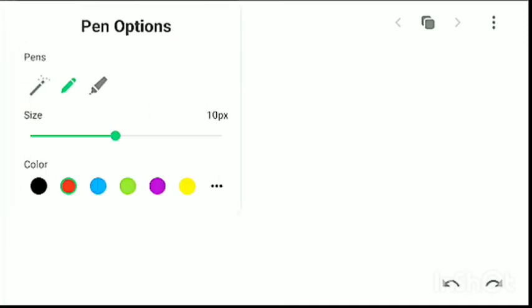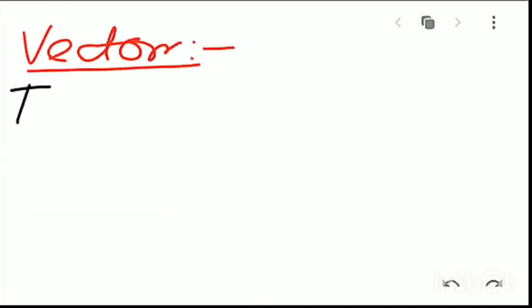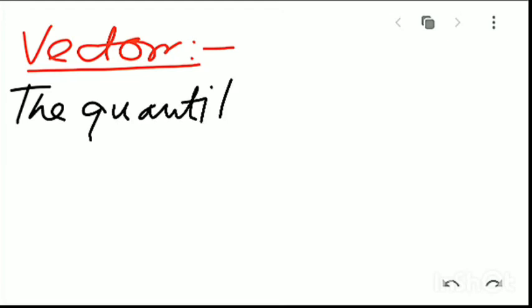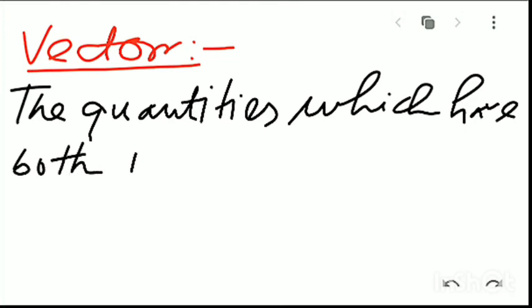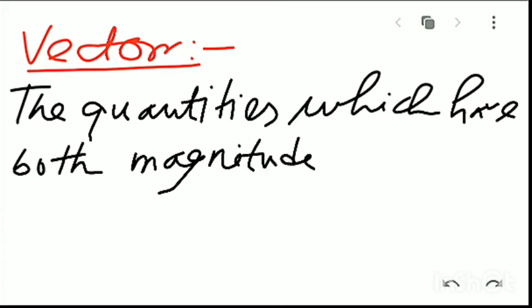Next is a vector quantity. Which quantities are called vectors? The quantities which have both magnitude and direction.